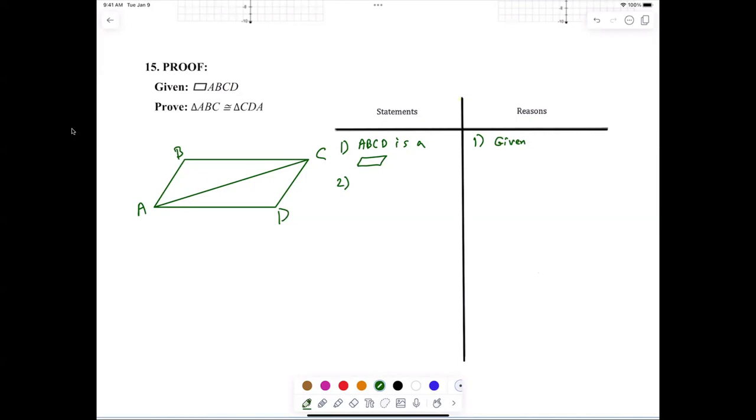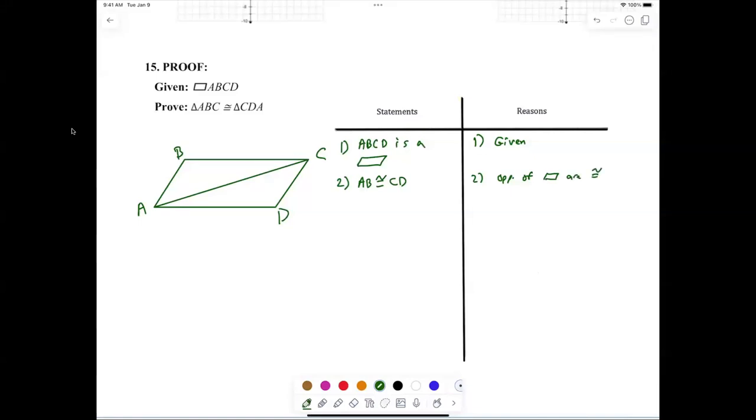Okay, now for step number 2, if you have a parallelogram, you always know that AB is congruent to what? And then we can say opposite sides of a parallelogram are congruent.